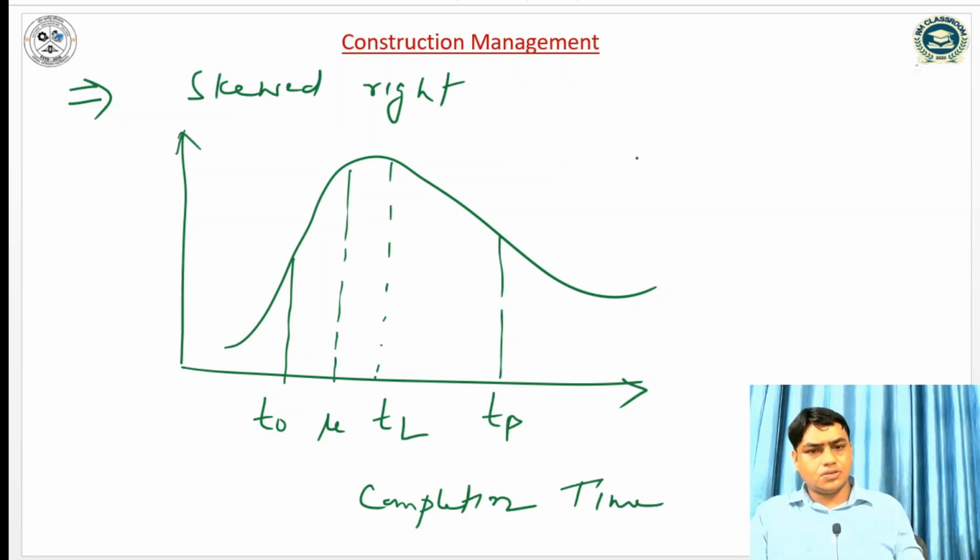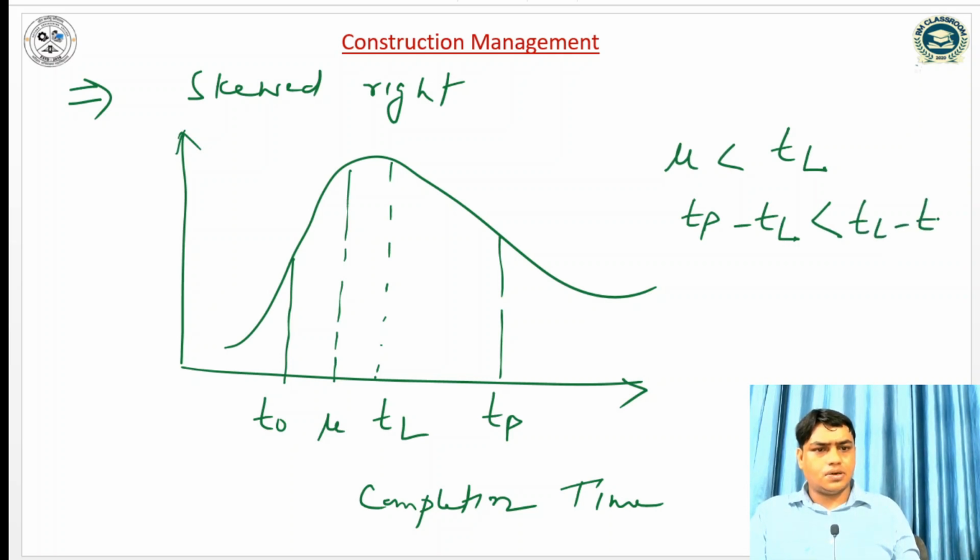So in skewed right, what we can say, mu is less than most likely time, and TP minus TL is less than TL minus T0. So this is the skewed right.